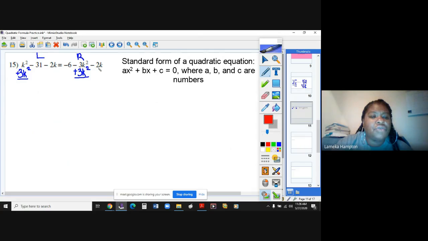I have a negative 2k over here, so I'm going to add 2k to both sides. And then I have a negative 6 on my right, so in order to move it to the left, I have to add 6.